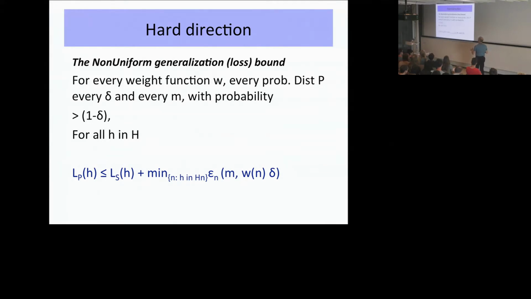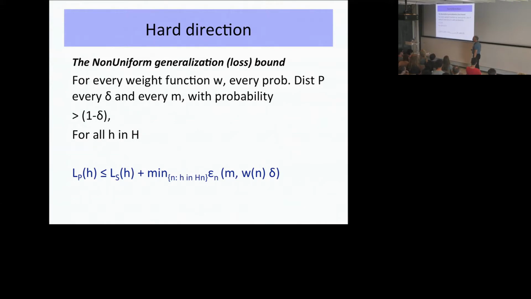So again, the formula itself is not so important. What's important here is that suddenly I have a guarantee on the gap between the empirical error and the true error over a class of infinite VC dimension, over a class that's non-uniformly learnable. And the extra component depends on where H sits.